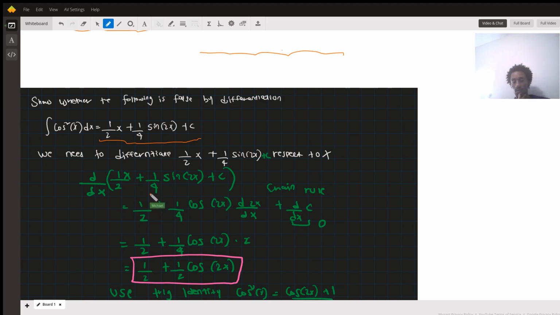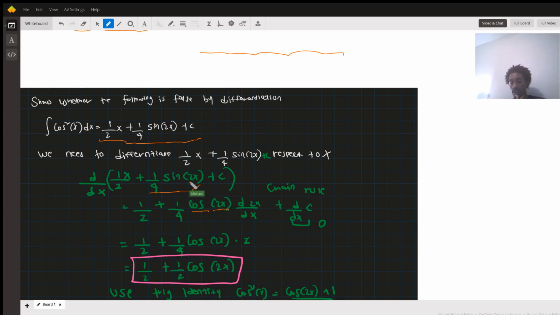Now we are going to differentiate 1 over 4 sine 2x with respect to x. We're going to get 1 over 4. The derivative of sine is cosine, so we're going to get cosine 2x, but we also have to remember the chain rule here.